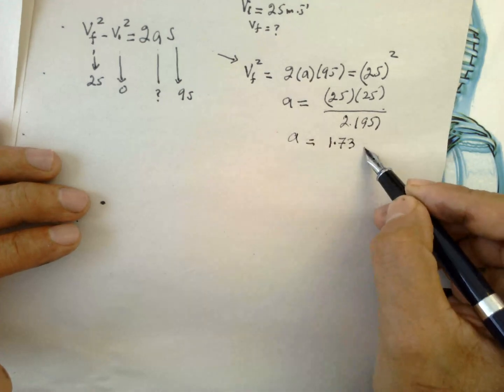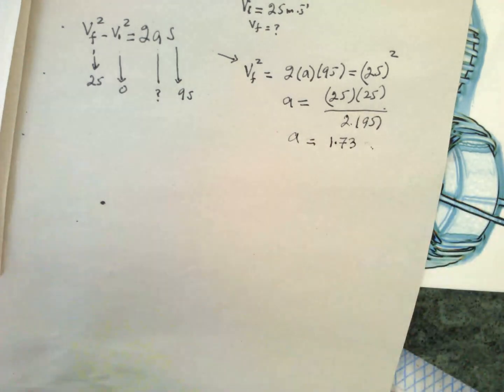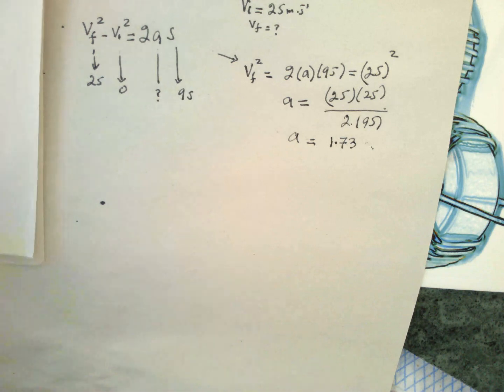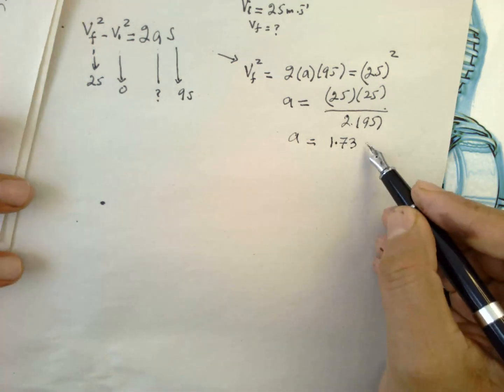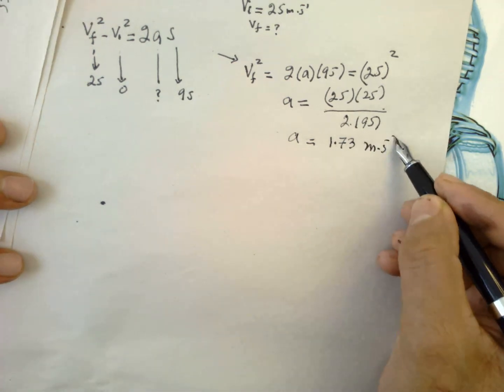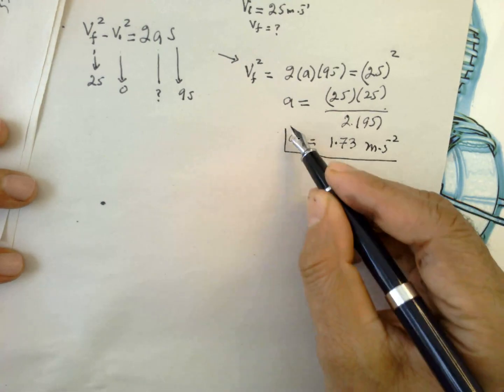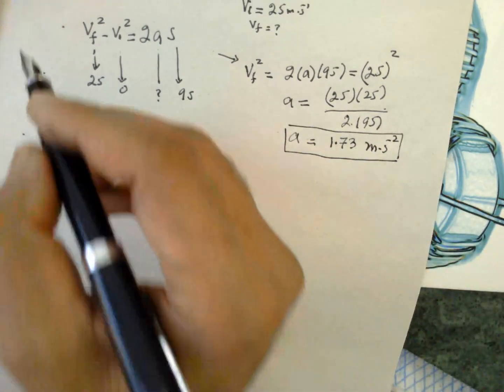A is 3.29 meters per second squared. This is A.